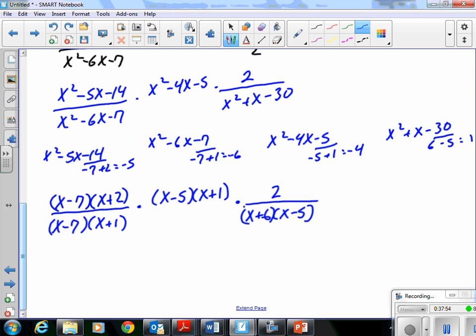Now we look for what we got in common. We got an x minus 7 over x minus 7, x minus 5 and x minus 5, and x plus 1 over x plus 1. Put that together, we got 2 times x plus 2 over x plus 6. That's all that's left.